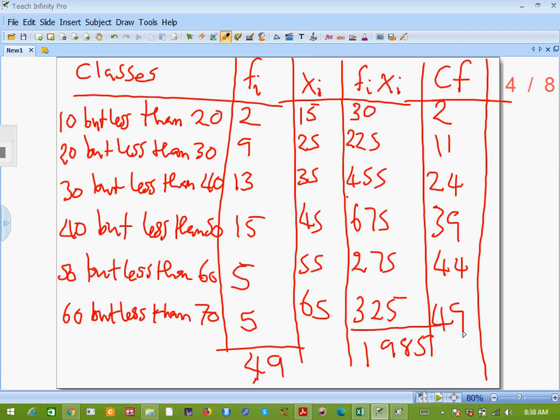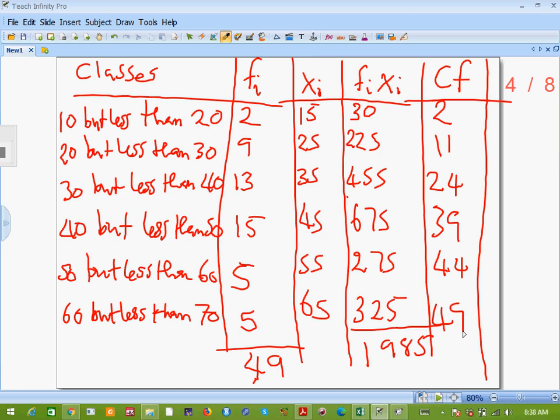Therefore, look at our cumulative frequencies. We can find the position of the 25th value. In the first class we just have 2 values. In the second class we just have 11. In the third class we have 24 values. So the 25th value will fall into the 4th class. And this class becomes our median class, and this is the class between 40 and 50.